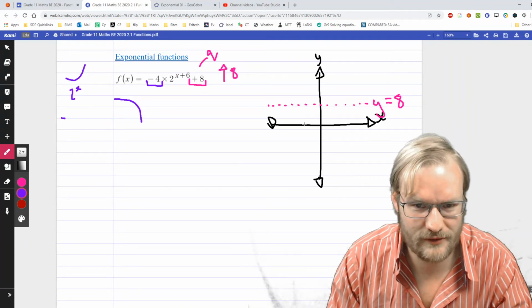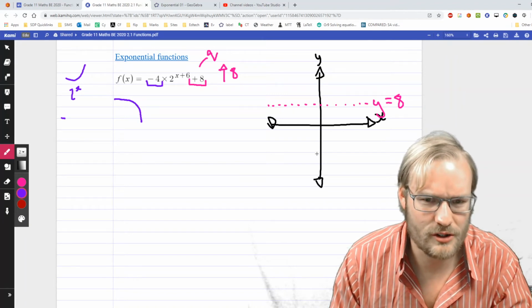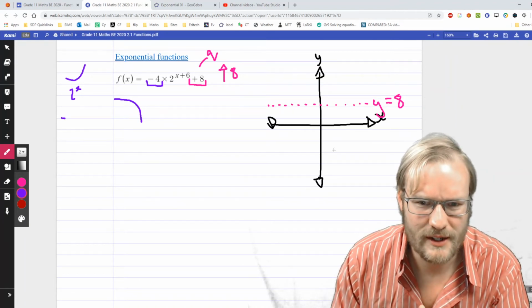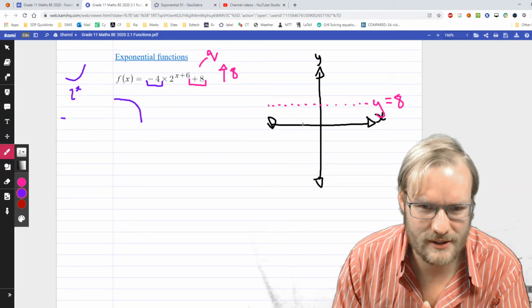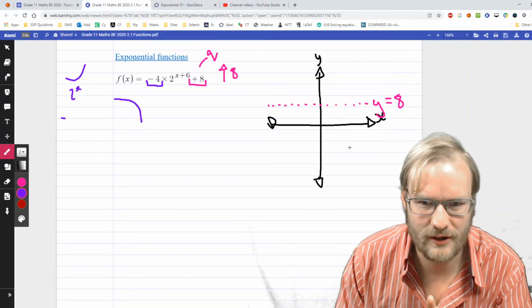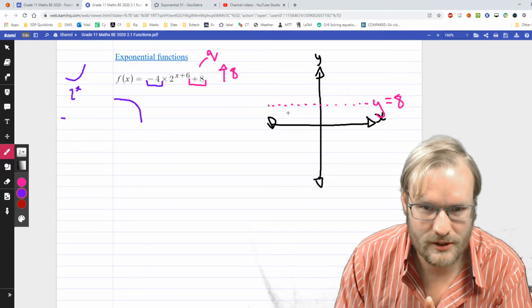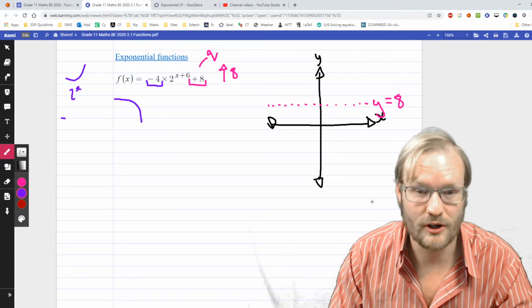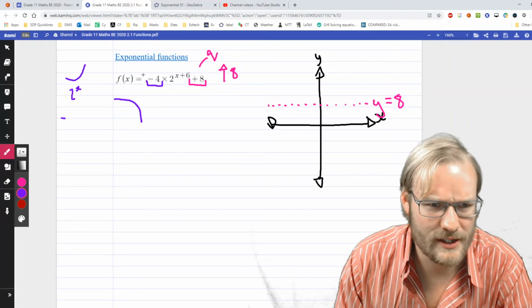It's definitely going to have an intercept down here, which means that it's going to go down here. But again, maybe we don't want to plot it, because let's work out what those intercepts are. We know it's going to have an x-intercept, and if it's got an x-intercept, we know it must have a y-intercept as well, because it's crossing here and must keep going down. So let's work out the y-intercept first.